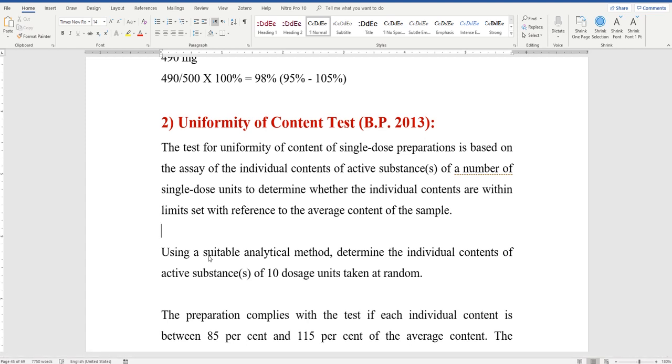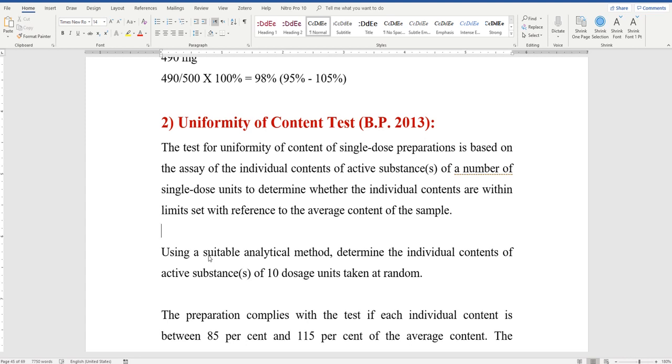Before I talk about this, you need to know that this test is applied to tablets having a very small quantity of the drug. In some pharmacopoeia they say the drug content should be 25 milligram or less, or 25% of the total weight or less.